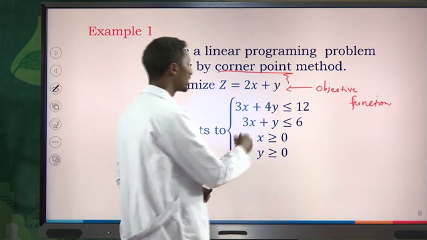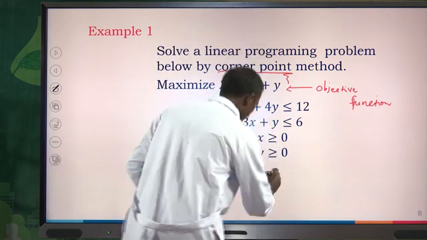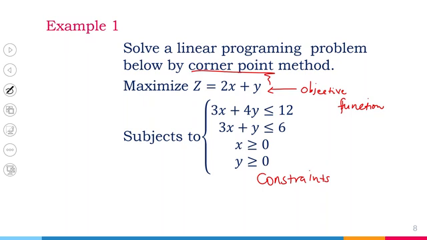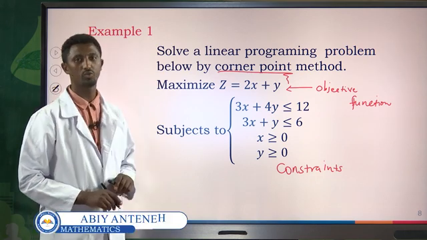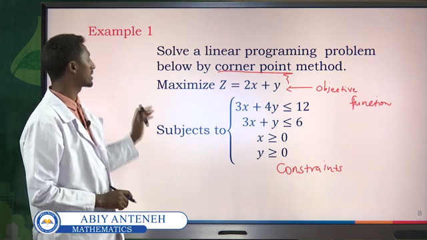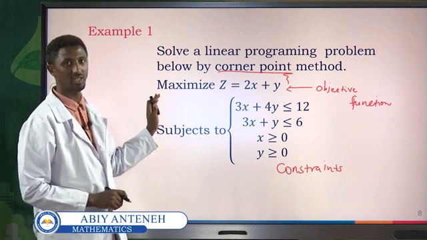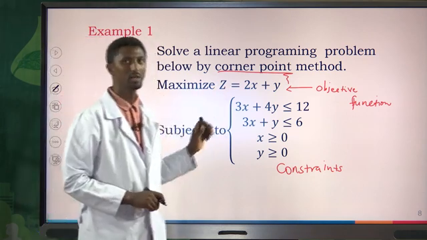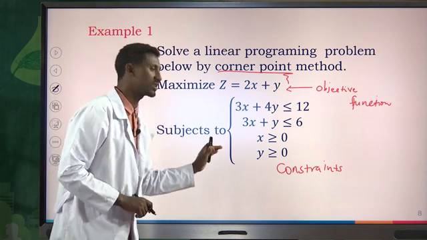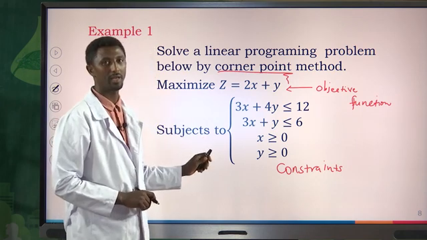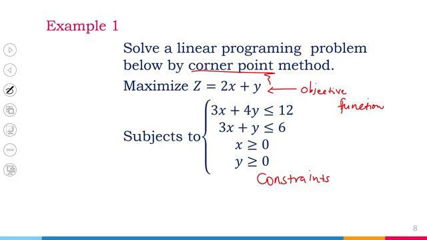These linear inequalities are the constraints. So to solve this linear programming problem, we'll use the corner point method, or the graphical method. To find the maximum value of z, that is 2x plus y, we'll draw the graphs of the constraints in one coordinate plane. So let's see how to solve using graphs.